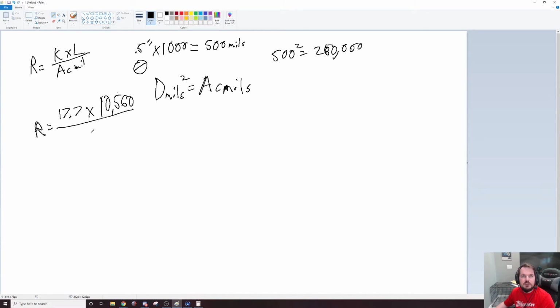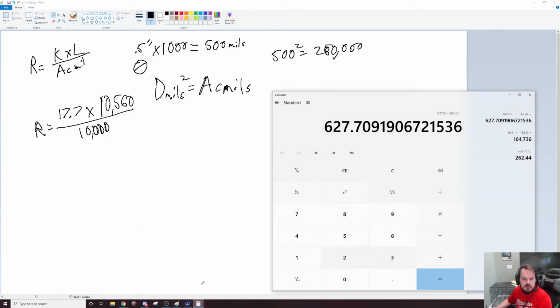And then our area in circular mils is 100 squared, which is 10,000. All right, 17.7 times 10,560 over 10,000. A lot of this is going to cancel out. But let's go ahead and do this.